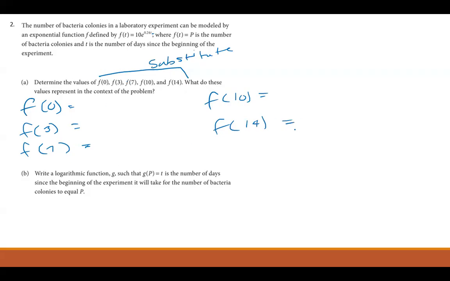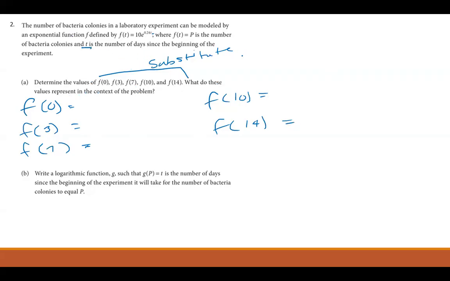Because I have multiple of these, do I want to have to plug them in 5 times? No, I don't. And if I don't want to have to plug them in 5 times, then I'm going to do what? Look at the what? The table, the handy dandy table, okay? And I have to understand, what is my independent? Well, your independent should have been your t, right? Your time is your independent.